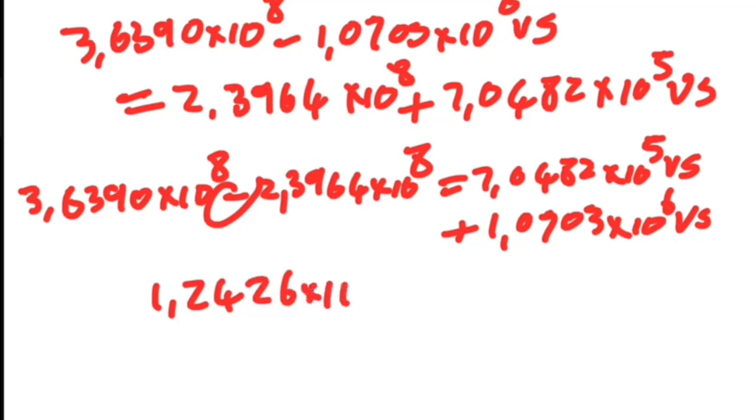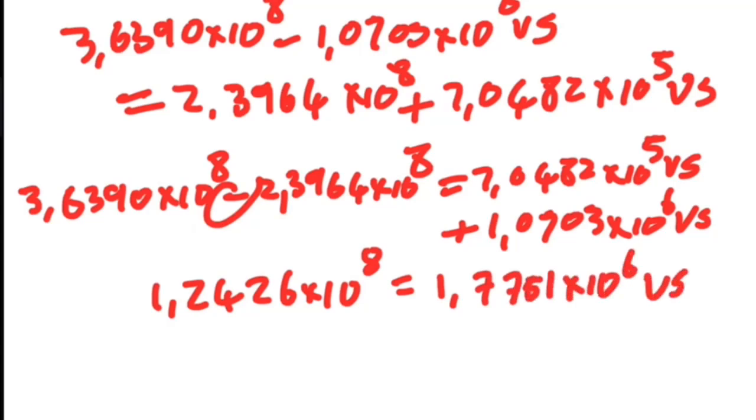1.2426 times 10 to the power 8 being equal to 7.0482 times 10 to the power 5 plus 1.0703 times 10 to the power 6. This is 1.7751 times 10 to the power 6 Vs. So I need to divide both sides by the coefficient of Vs. So 1.2426 times 10 to the power 8 divided by 1.7751 times 10 to the power 6.